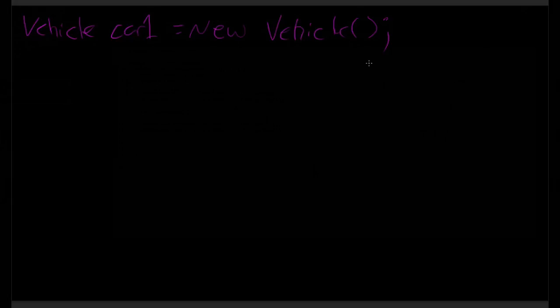So when we create our vehicle and we say Vehicle car1 equals new Vehicle, with parentheses and our semicolon, what this is doing is creating a variable, a spot in memory, and it's called car 1.